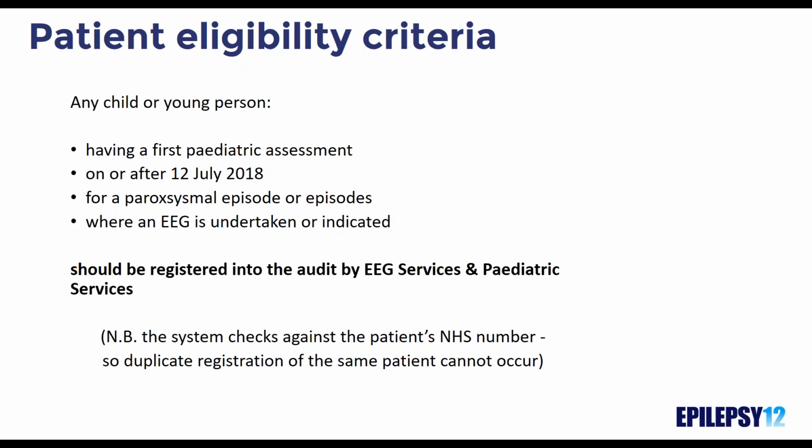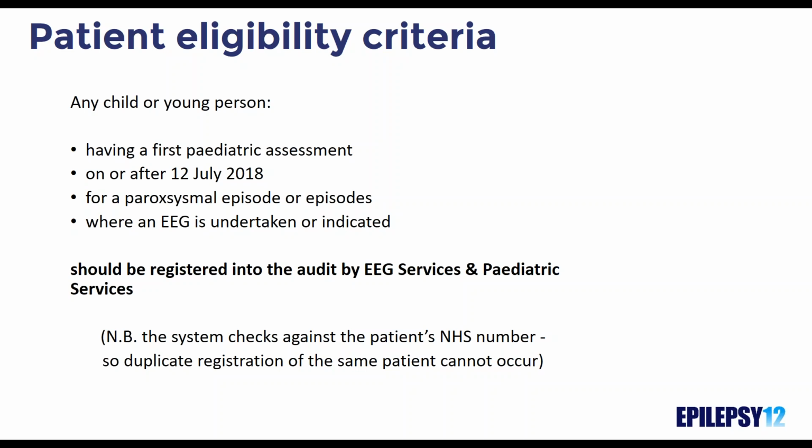So one of the key dates to have in mind is the 12th of July, and the key intervention is the First Paediatric Assessment. The children who are eligible for Epilepsy 12 will have had a First Paediatric Assessment after the 12th of July, and that is an assessment where a paroxysmal episode or a number of paroxysmal episodes was a feature of that assessment, and that assessment will have led on to that child having an EEG undertaken.